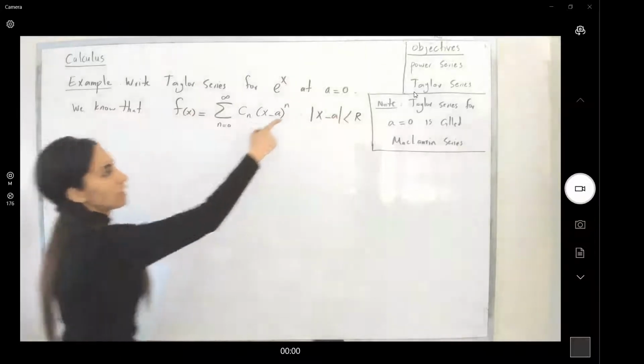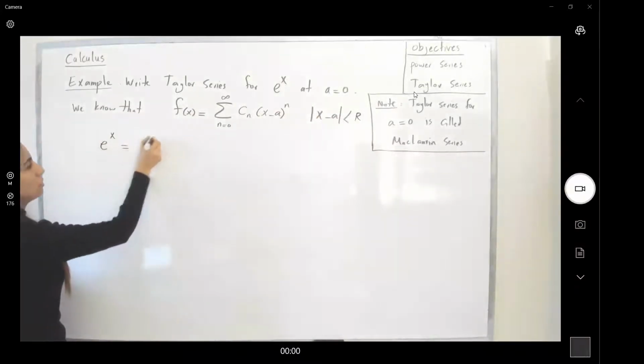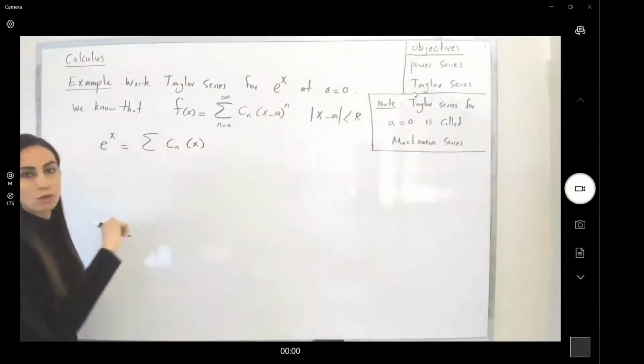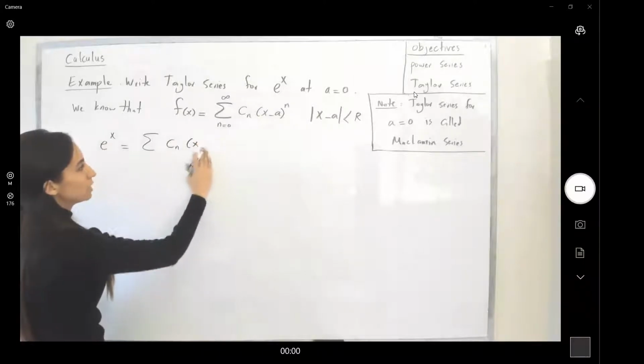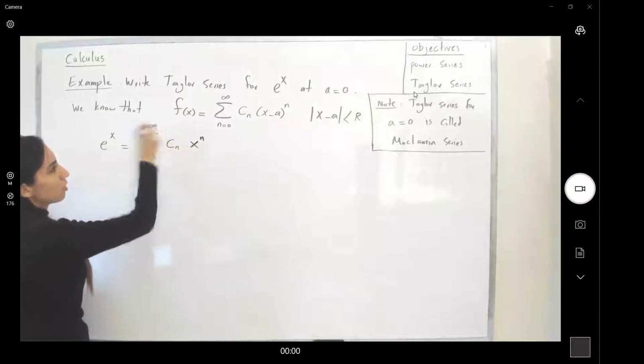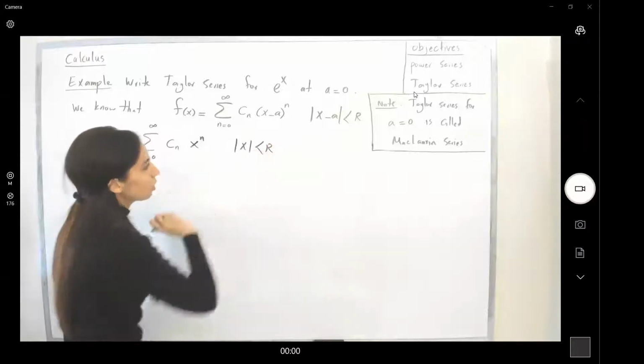In this case, our a is equal to 0, so e to the x is equal to the sum Cn (x minus 0) to the power n, or x to the n, starts from 0, goes to infinity. Absolute value of x is less than r.